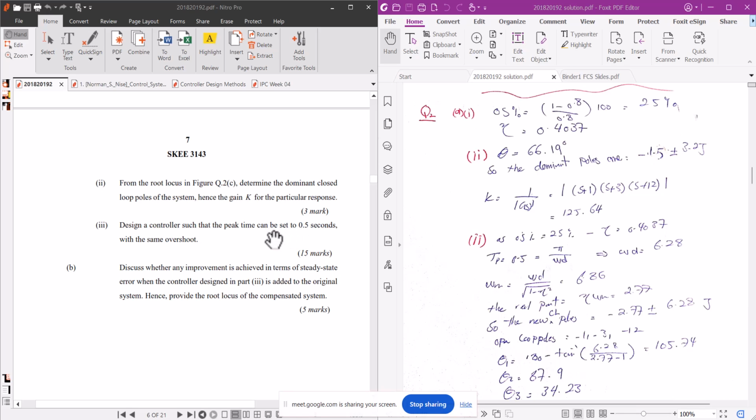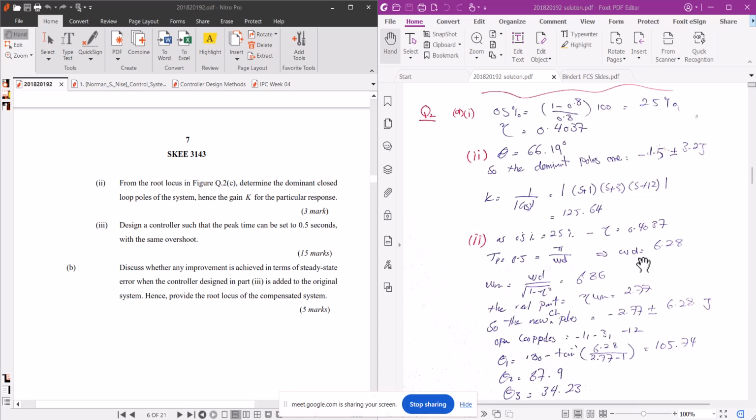What was the formula of peak time? It was pi over omega d. So you have Tp equals pi over omega d equals 0.5. Put omega d here and 0.5 below, you will get 2 pi. So you get 6.28. You have omega d as 6.28.